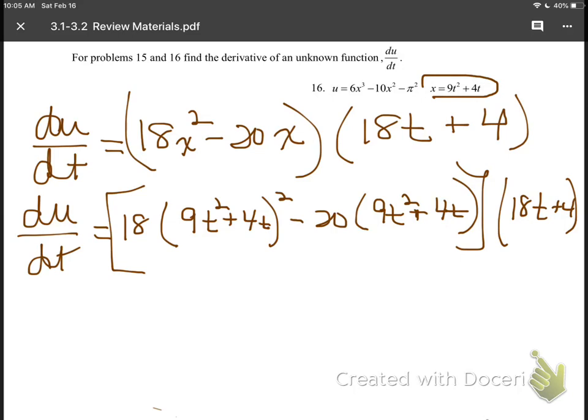It looks to me like we can do some greatest common factor factoring inside my bracket. I believe that the biggest number that goes into both 18 and 20 is 2. So let's see what I'm going to get. I pull out the 2, and I can also pull out a 9t squared plus 4t.